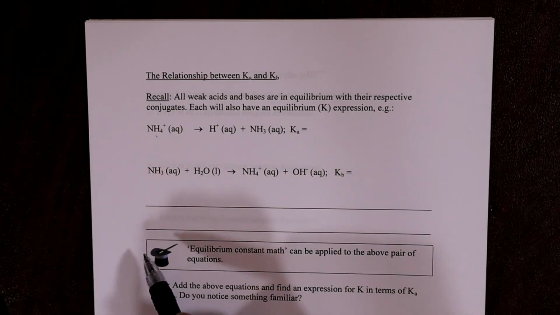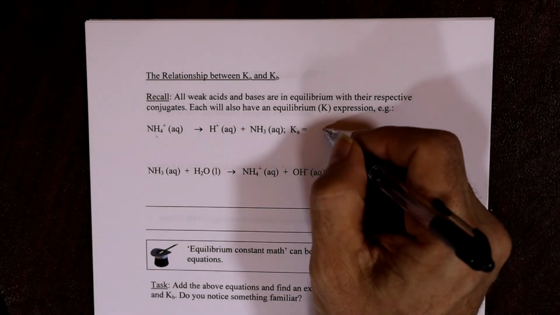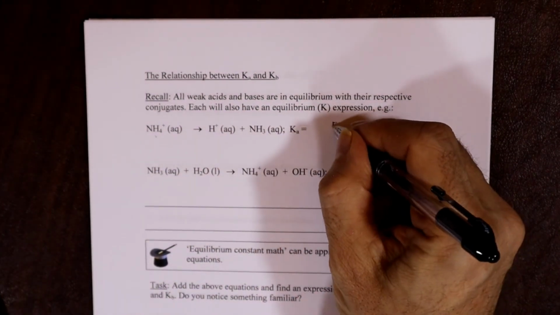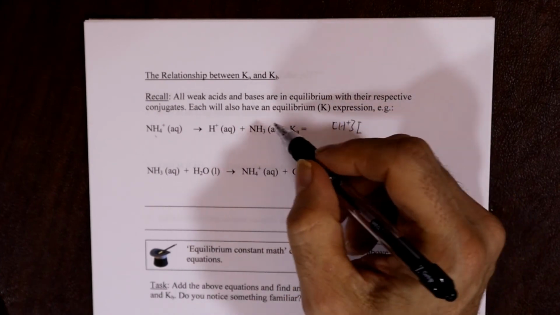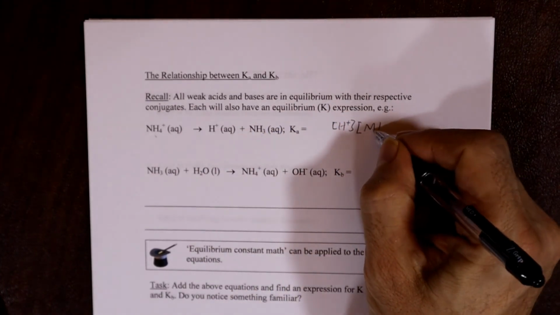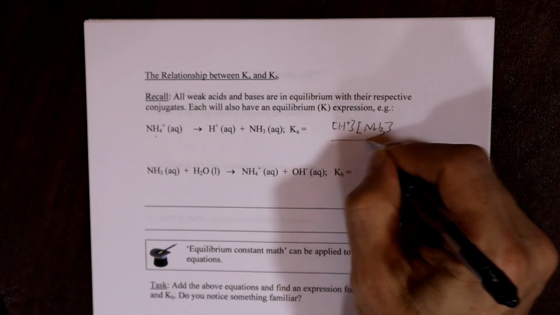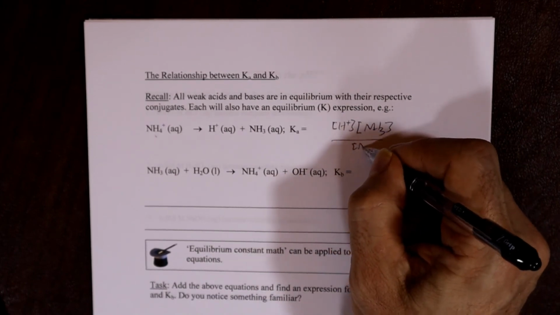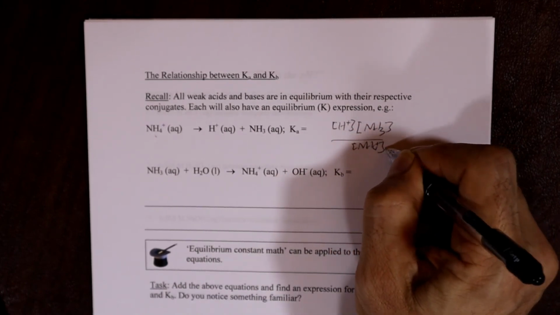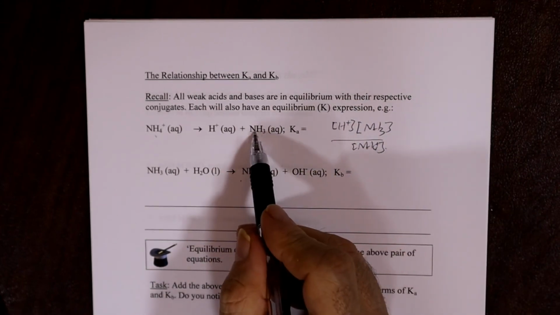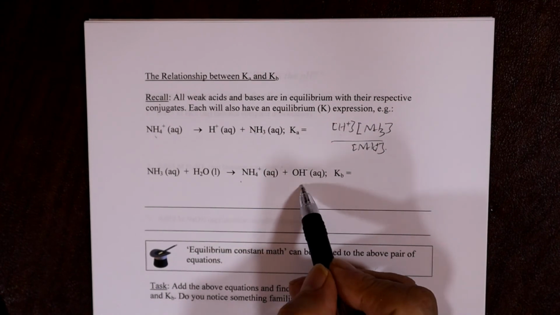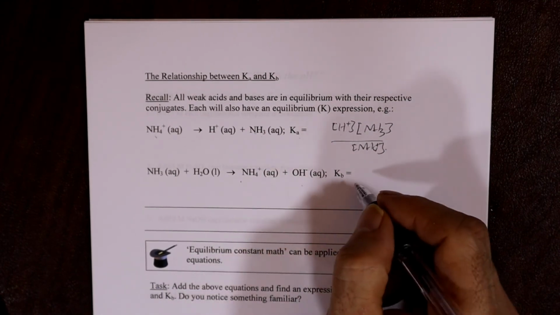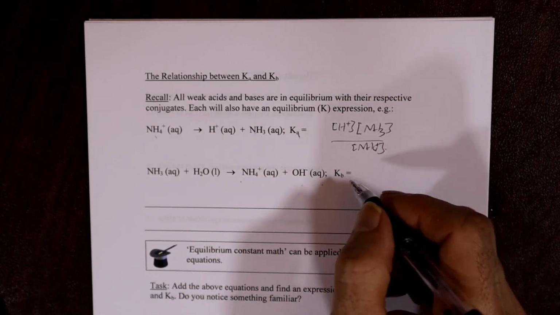So for that reaction, Ka equals products, H plus, NH3 over NH4 plus. Fair enough. For the reverse reaction, it's this one, Kb in the forward direction, acts as a base in the forward, acid in the reverse.